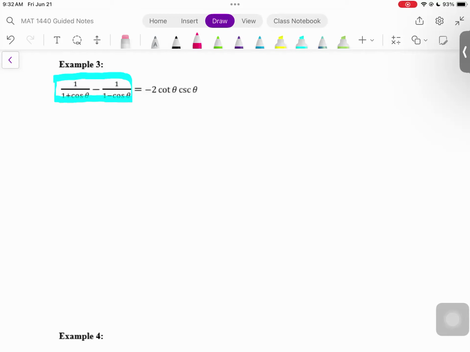So I'm going to multiply my first term, the 1 over 1 plus cosine theta, by 1 minus cosine theta over 1 minus cosine theta.